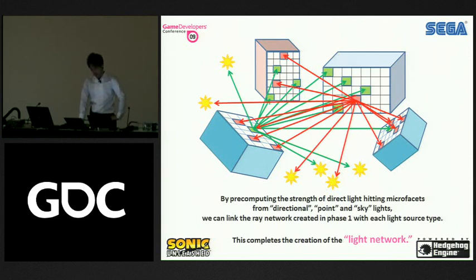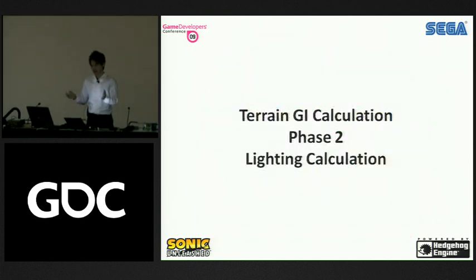As you can see, skylight, parallel light, and point light are considered, and then you can pre-calculate this number at phase 1, so that you can link it to the light network as we calculated before. At this point, we are not sure which color would be put on here. There is only the network here.